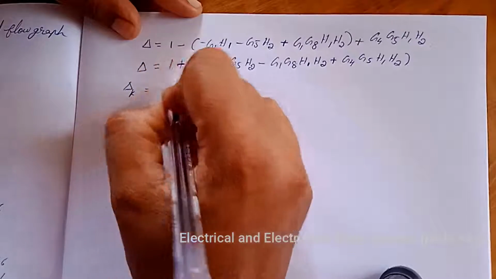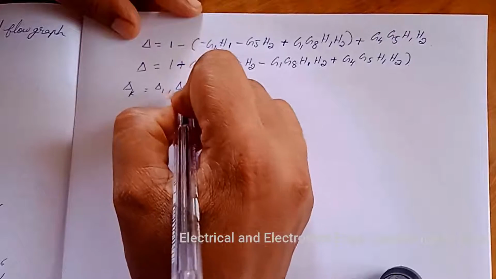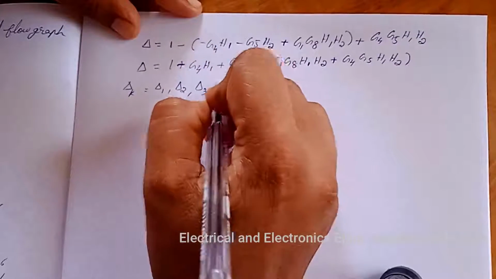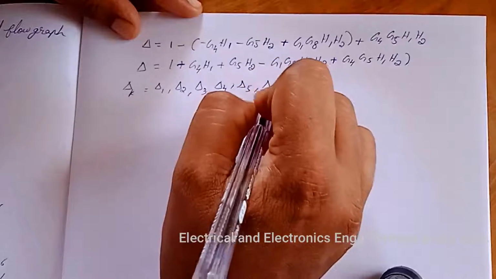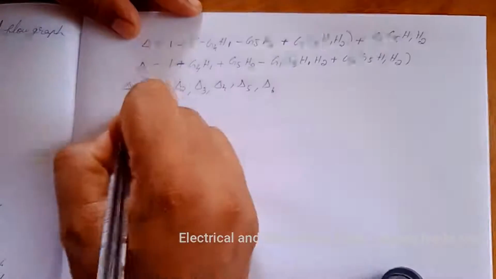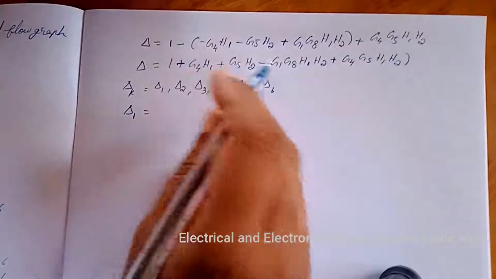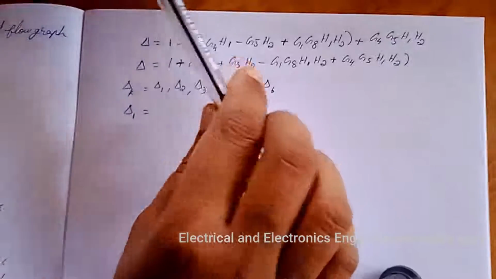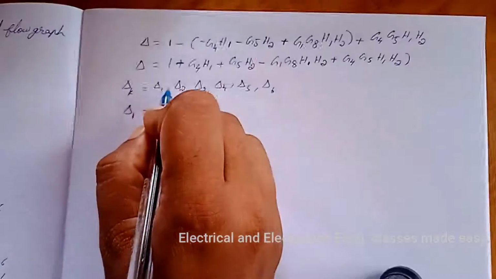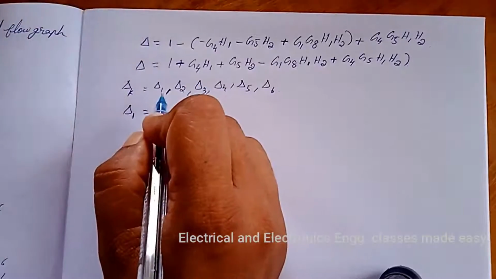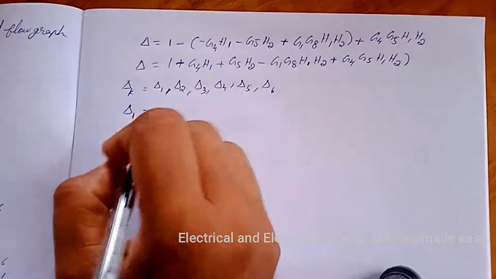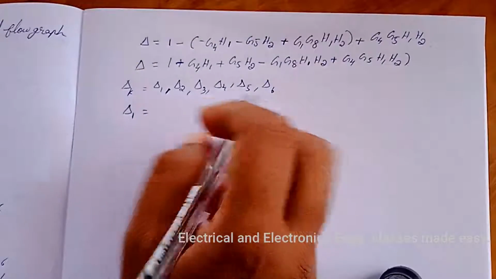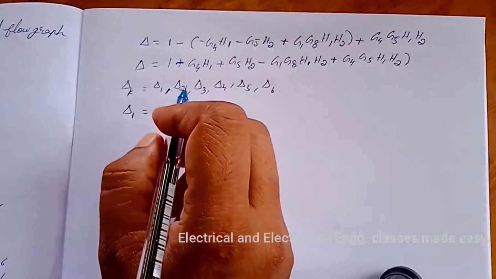Now we have to calculate the values for delta K. So here we have to find delta 1, delta 2, delta 3, delta 4, delta 5 and delta 6. So delta 1 is delta for that part of the graph which is not touching this forward path.